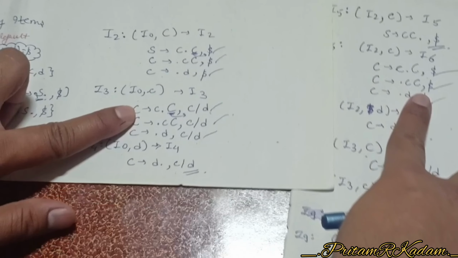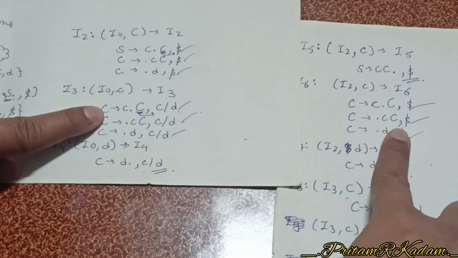First of all we have the I3 and the I6 state. We will write it down again for clarification. I3 and I6 over here, let me circle these.